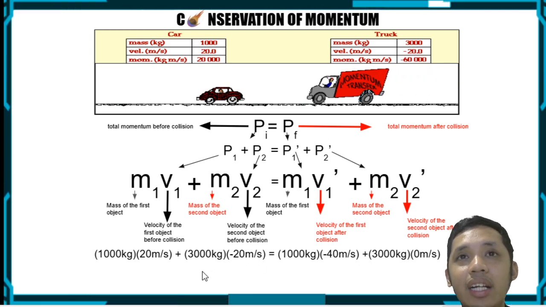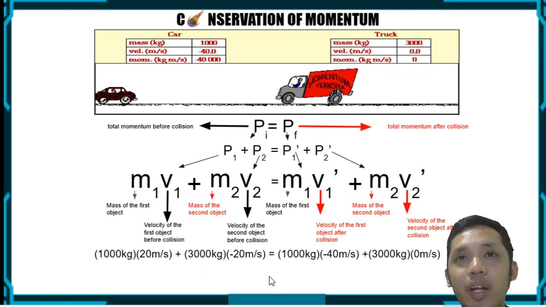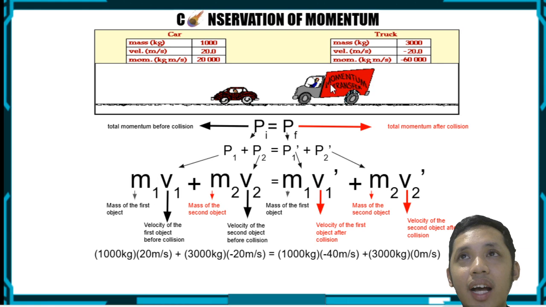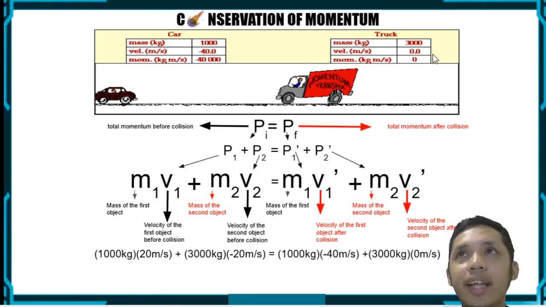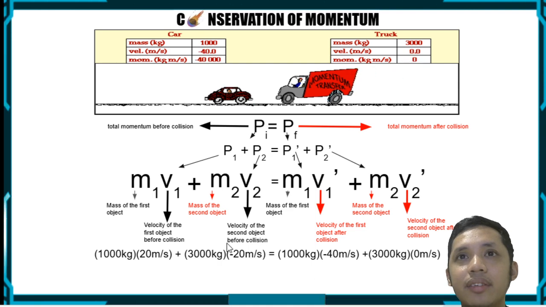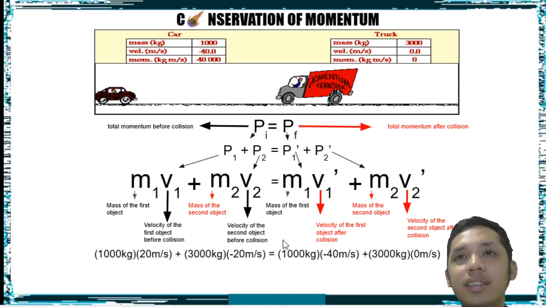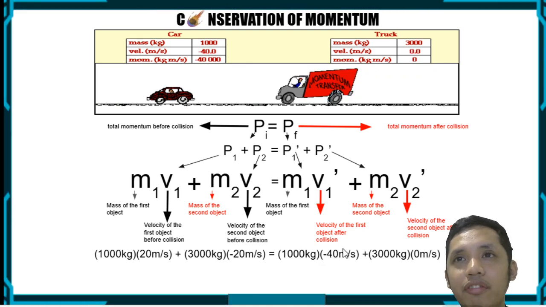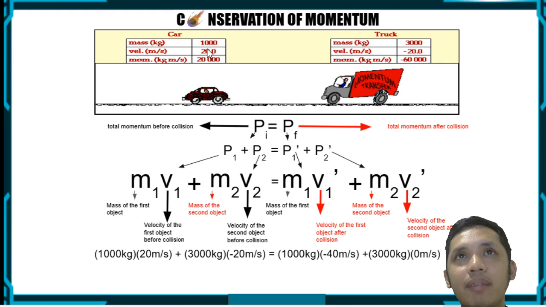Then, before the collision, the velocity of the truck is negative 20 meters per second. Then equals the mass of the first vehicle, then the velocity of the first object after the collision is negative 40 meters per second.